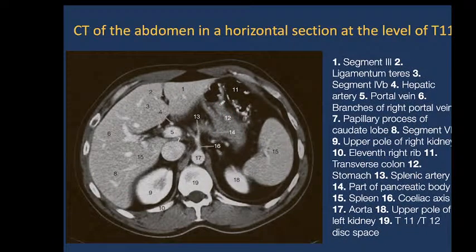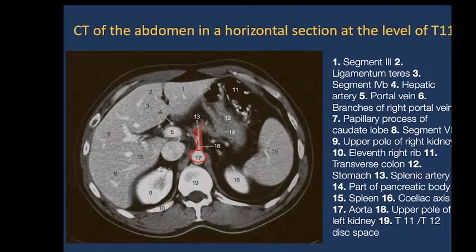Well, the level of thoracic 11 shows us the great vessels, the artery called celiac axis or celiac trunk, which provides blood for most internal organs of the abdominal cavity, the liver as well as the intestinum tenue, and a large part of the colon also.